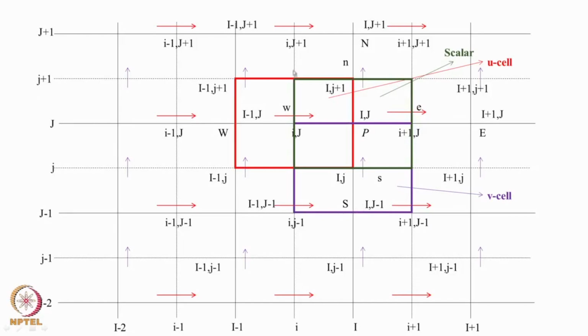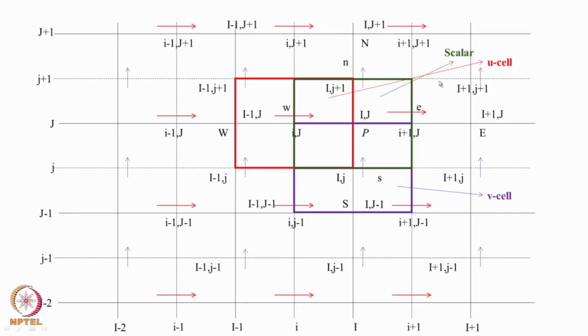Okay. And you can get an idea of all other important points. In this figure the u velocity is from left to right, shown in the red color, and the v velocity is from top to bottom, shown in this color.